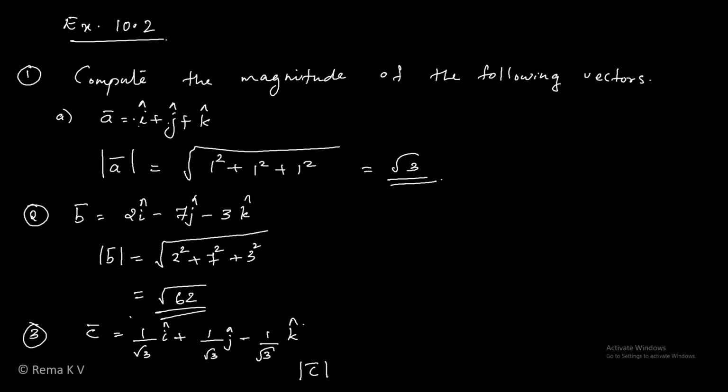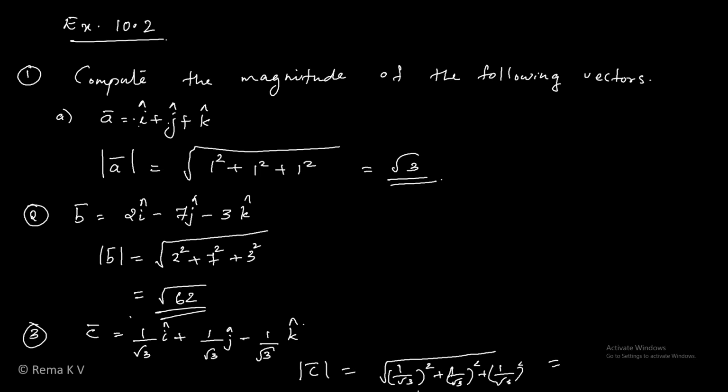Find out the magnitude of vector C. So it is 1 by root 3 the whole square plus 1 by root 3 the whole square plus 1 by root 3 the whole square.